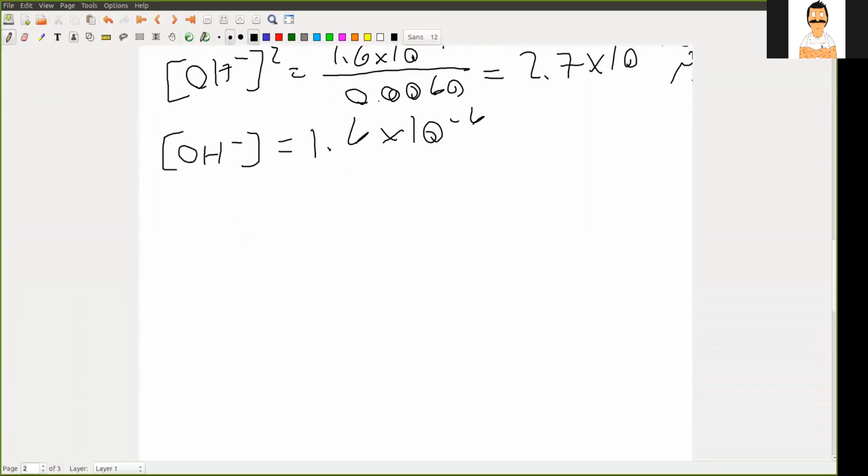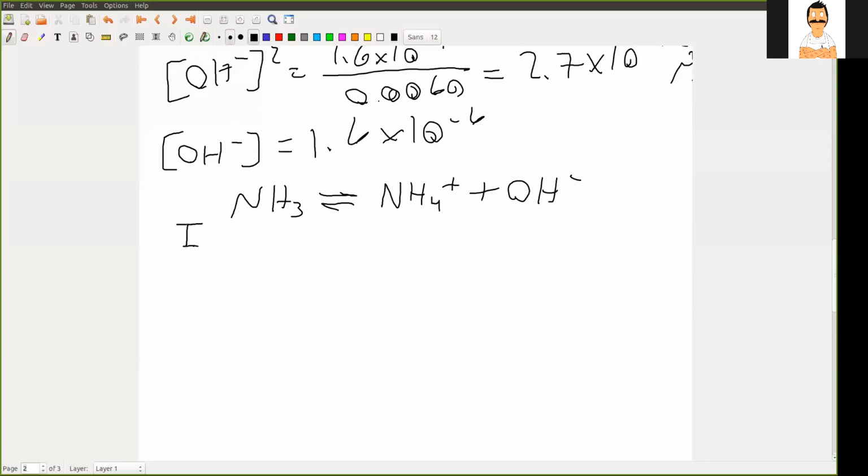I'm going to exclude water because it will not be influenced in the ICE table, but recognize that it's there. So we have NH4 plus and OH minus. You can see how the water would come out of that equation.